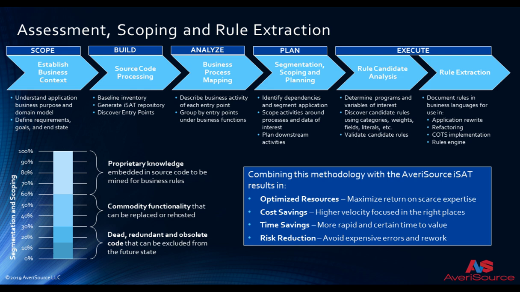We want to make sure that we're not getting lost in the details, and we enable the organization to focus in on the parts of the application that truly contain unique IP.